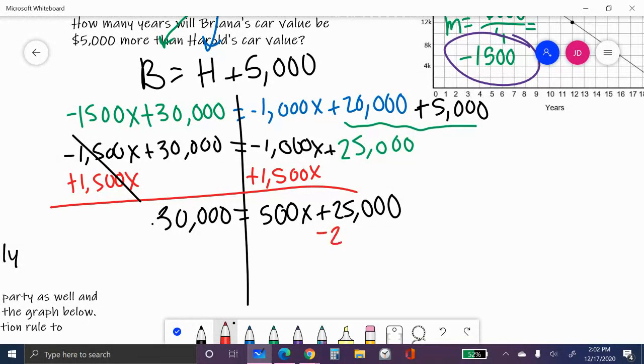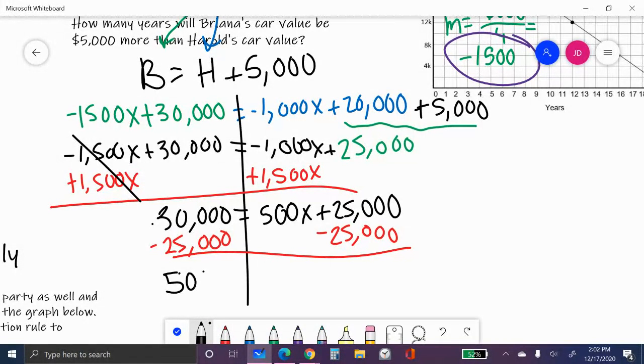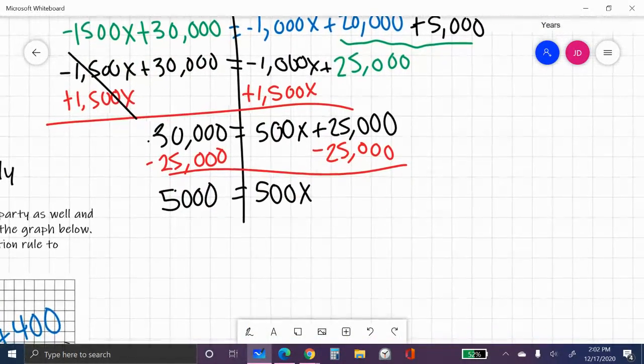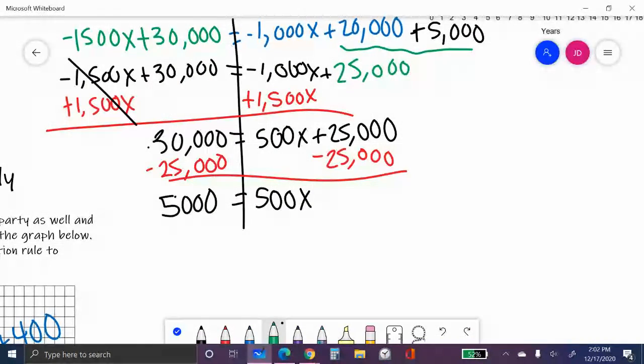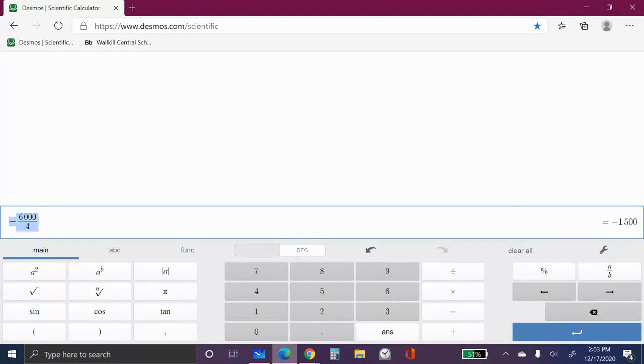Minus 25,000 from both sides. And you're left with 5,000 equals 500x. I know this off the top of my head, but if you need a calculator, you divide both sides by 500. 5,000 divided by 500 is 10.